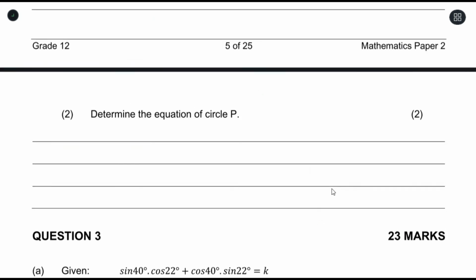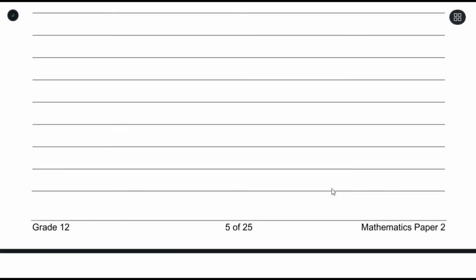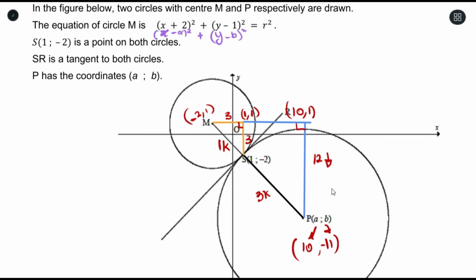And the last question, question 2, says determine the equation of the circle P. Now this circle P over here has a center of (10, −11). We know that the radius of MS is 3√2. We got that in the previous question. So the radius here, because it is 3 times that, will be 3 times 3√2, which makes it 9√2. So that's your radius.